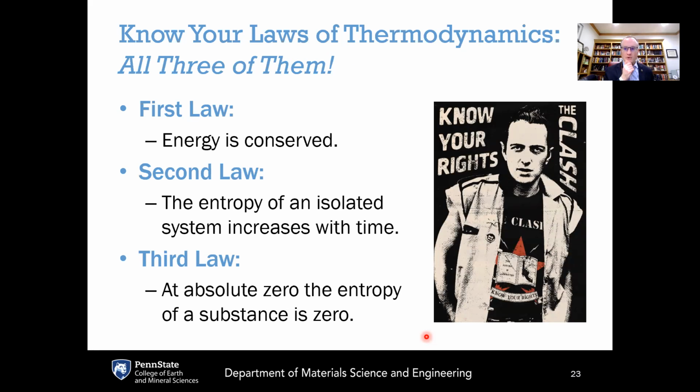So what you need to do is know your laws of thermodynamics, all three of them. The first law, energy is conserved. The second law, the entropy of an isolated system, in other words, the entropy of the universe, increases with time. And the third law, at absolute zero, the entropy of a substance is zero.